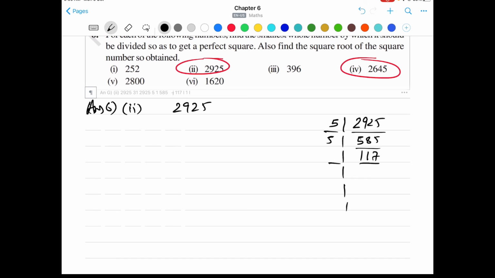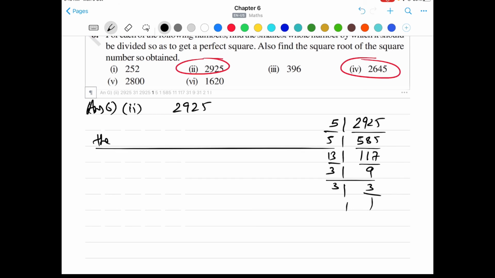Now let's see by which number this can be divided. Okay, this number is divisible by 13. When we divide this by 13, we'll get 9. Now this can be divided by 3 and again by 3, we'll get 1 here.